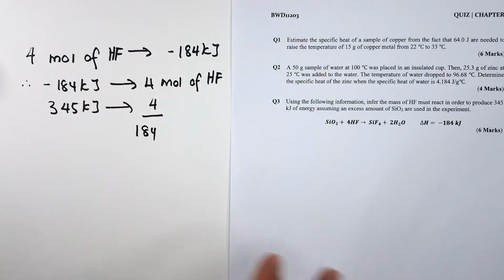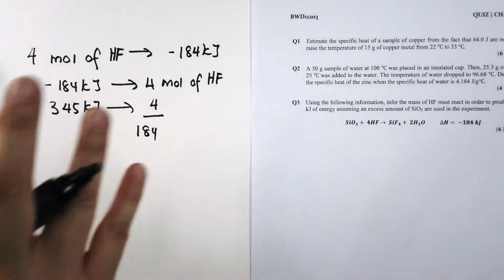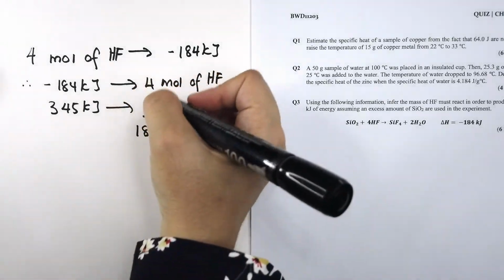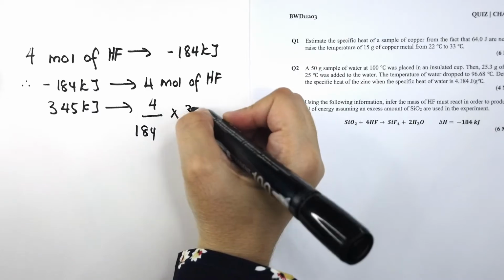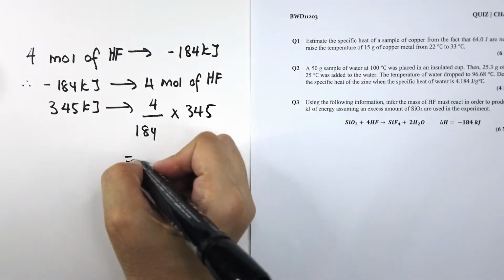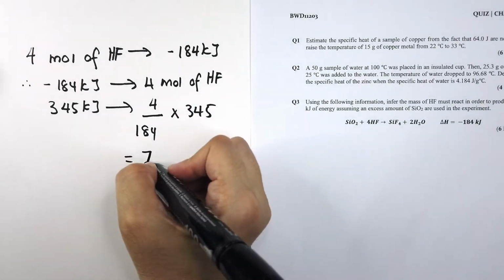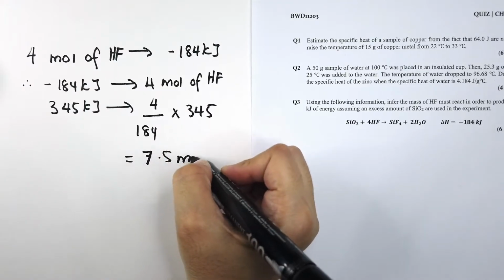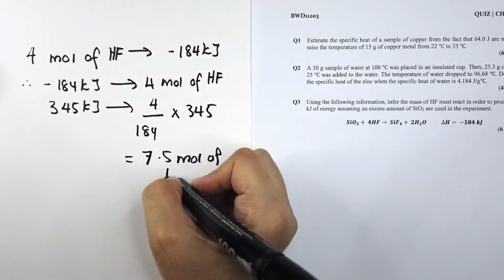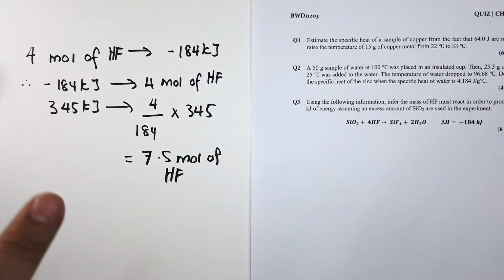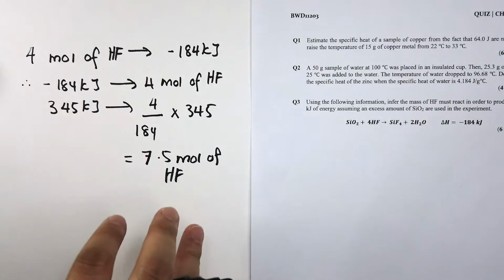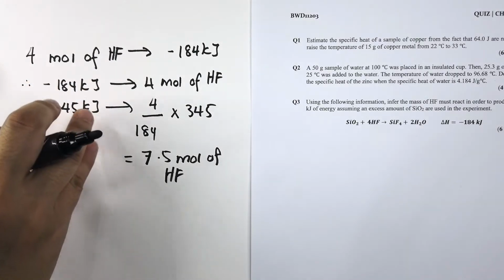It's just an endothermic or exothermic process, right? So don't worry about that. So 4 divided by this, times 345. Therefore, you should get 7.5 mole of HF. It means that you need to have 7.5 mole of HF. Then only will you produce this much energy.